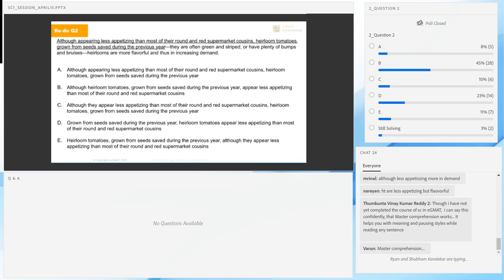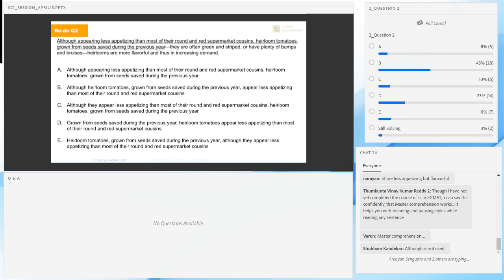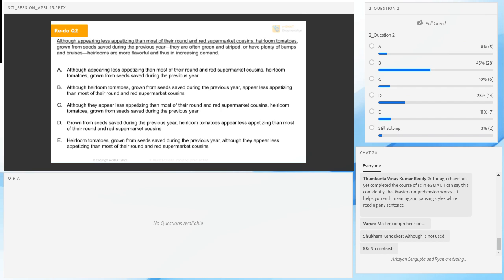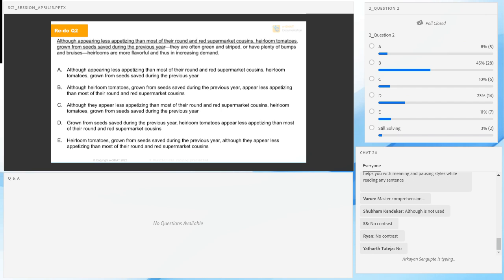Do you see the contrast in choice D? Although is not used. No contrast. And that is why choice D is wrong. No other reason for choice D to be wrong, and no other deterministic reason for choice D to be wrong.